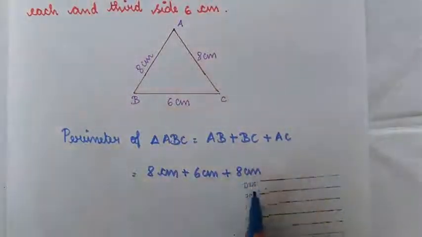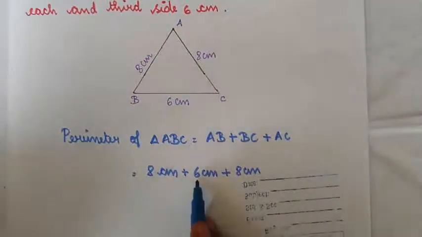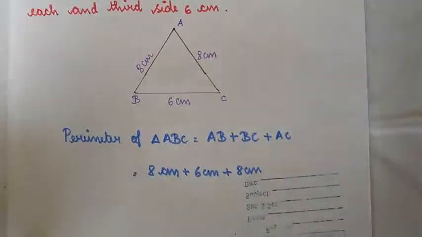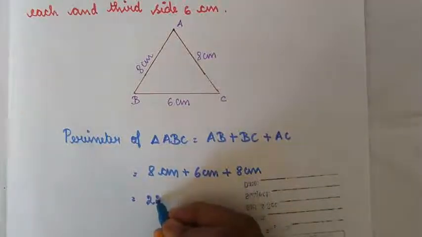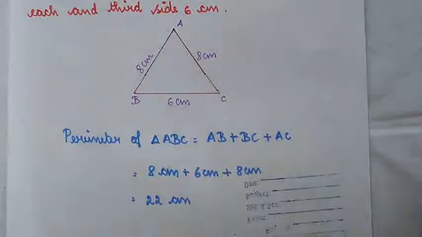Then we have to add these three numbers. The 8 plus 6 means we get 14. 14 plus 8 means 22 centimeter. This is the answer.